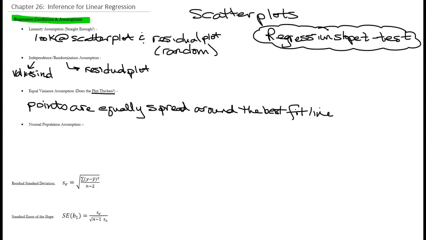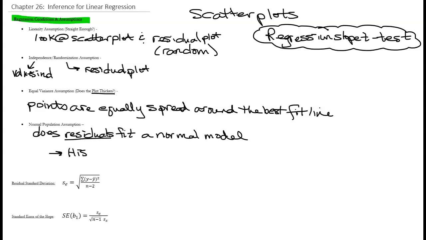And then the normal population, this is the one that's new. What you have to look at is: do the residuals fit a normal model? So we have to look at a histogram of residuals.